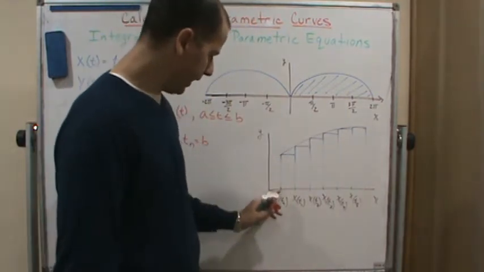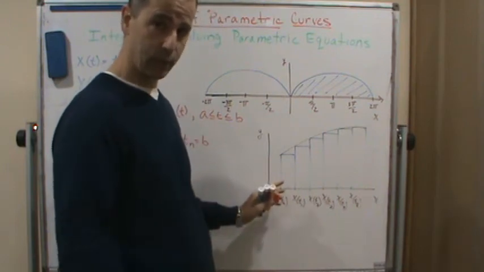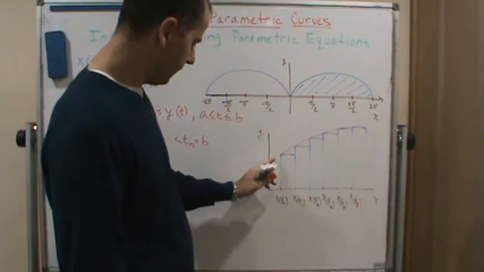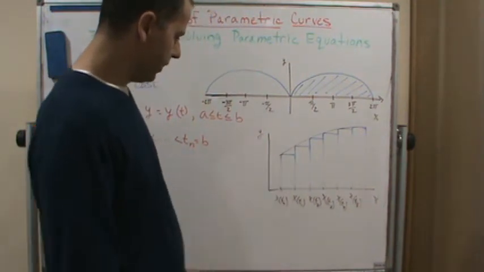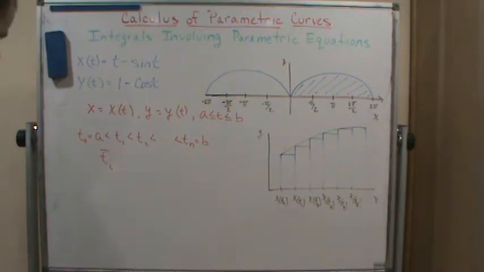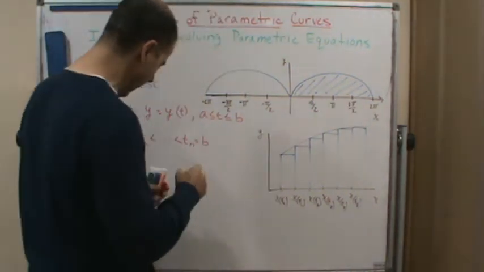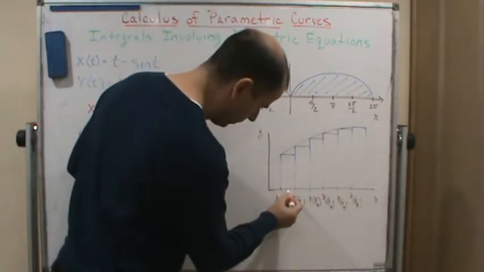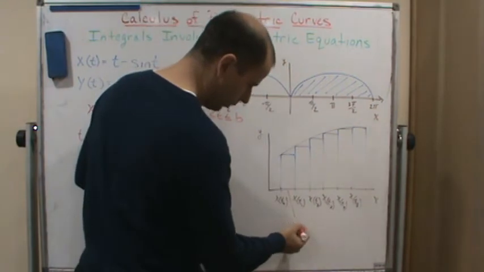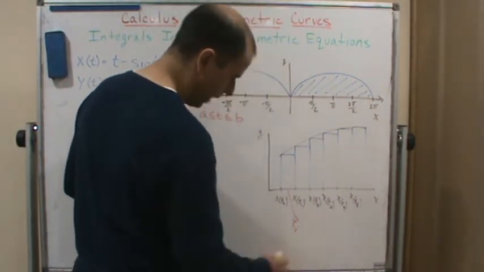Well, we have to find the area, which is base times height. Same thing we've done before. So what's the height? The height is determined by the parameter y of t, but we're going to use some value on the ith interval, so we would use t bar sub i.